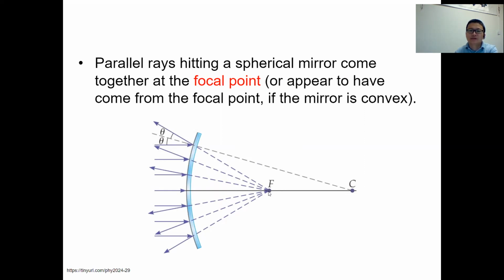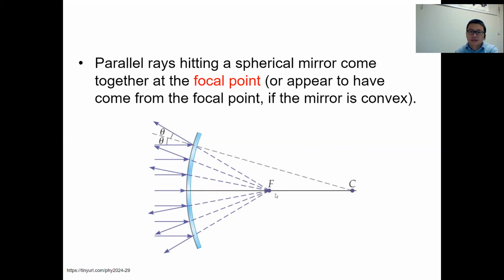So they do not physically meet, but if you back extend them behind the mirror, then you'll see they will come at the same point F. This is called the focal point.